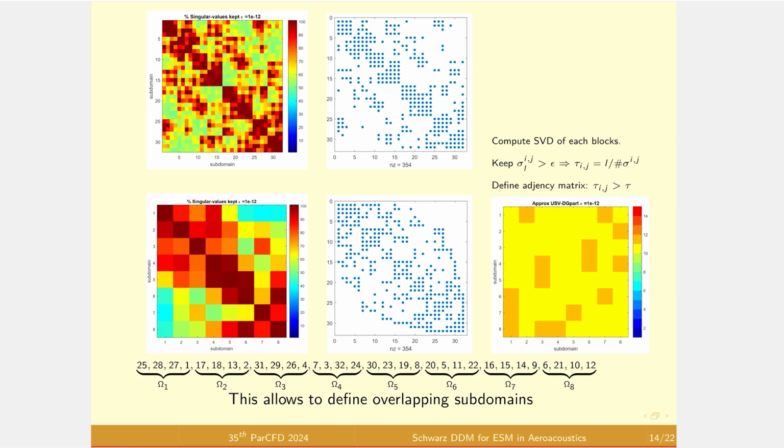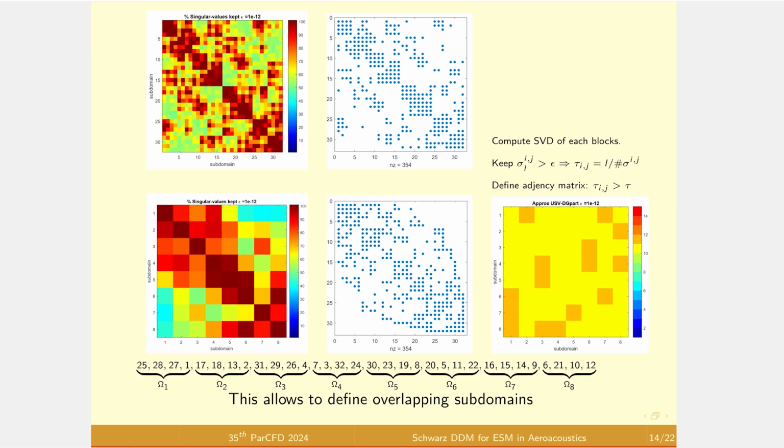This gives us our new domain decomposition with the numerical criterion. And here are the approximations, where we recompute the difference between the approximation we made and the original matrix.